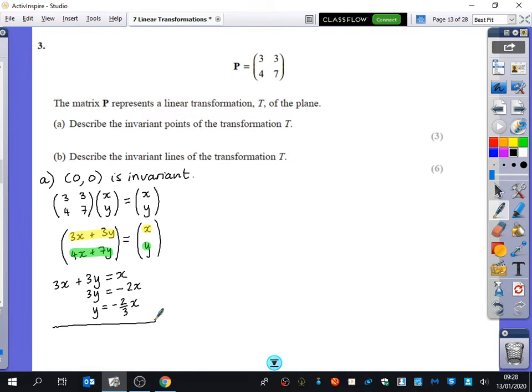And then from the green part, I get 4x plus 7y equals y. So when I subtract y and subtract 4x, I get 6y equals minus 4x, or y equals minus 2/3 x.